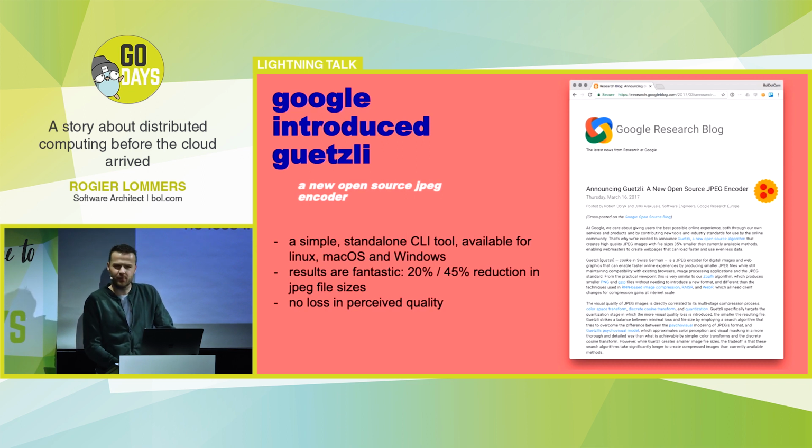Besides being difficult to pronounce, it is a new open source JPEG encoder, a simple standalone command line tool, which is available for all platforms. You can use it to reduce JPEG file size, and the results were great. You gain an image size reduction between 30 and 45%, so you can shrink images without losing perceived quality.